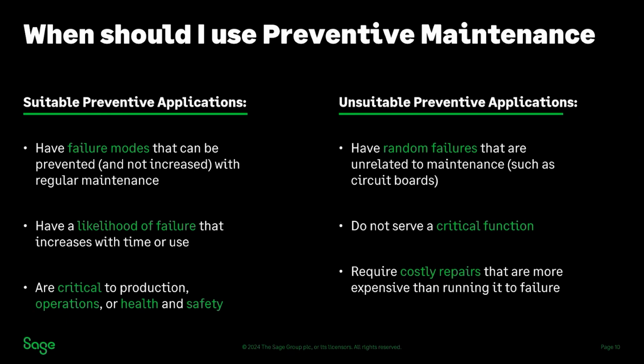Where you are not able to use preventive is where you have random failures, because with preventive you are scheduling, but you can also just start off with a job ticket. And where it does not serve a critical function, as well as if it's costly to repair more than to run it to failure.